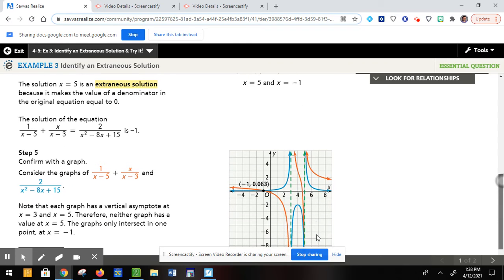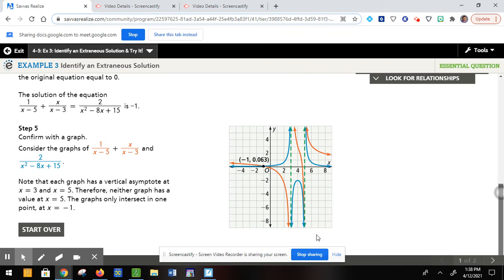If you were to graph this function, well, the blue is the whole thing together, and the red equations, the only place where they are crossing is at -1, right?